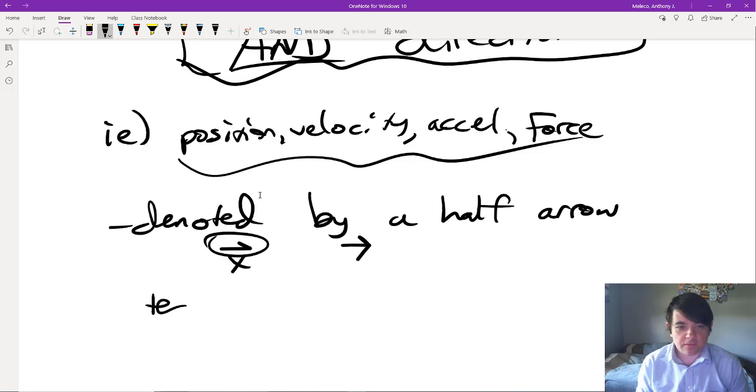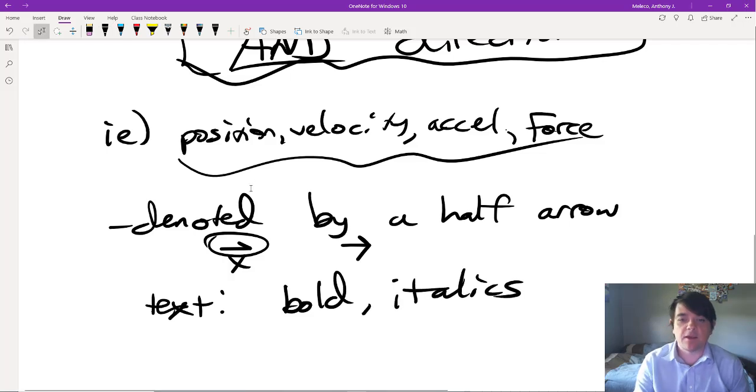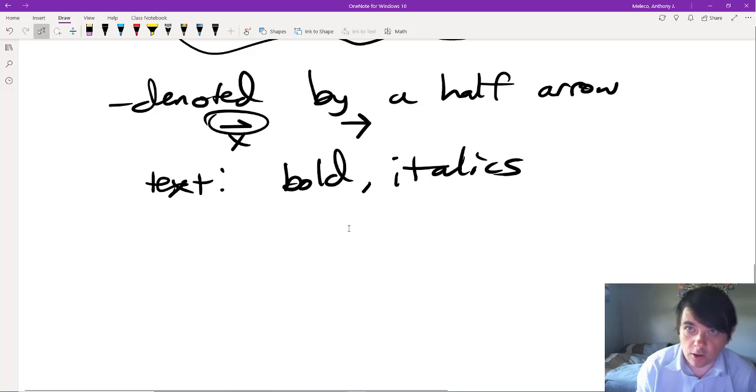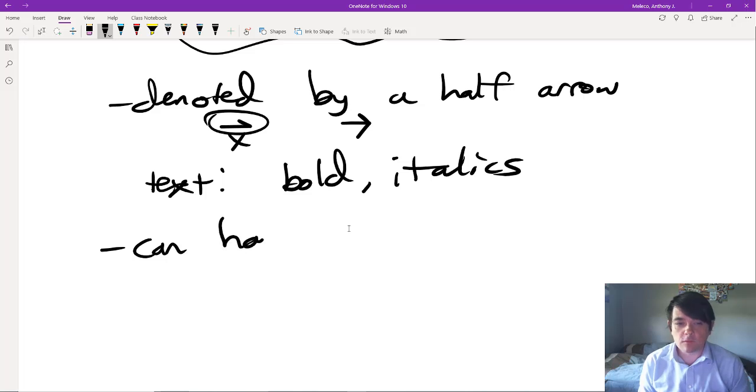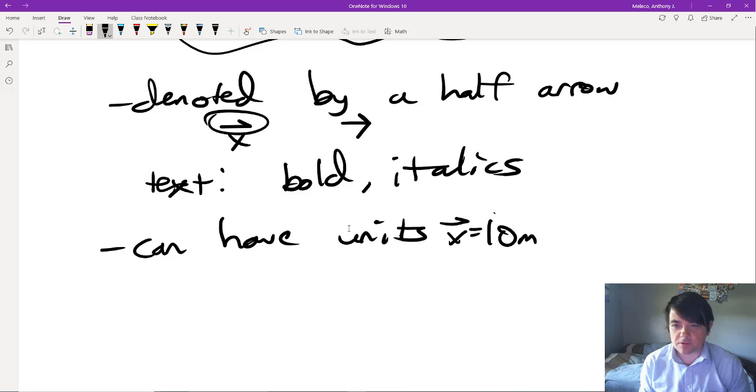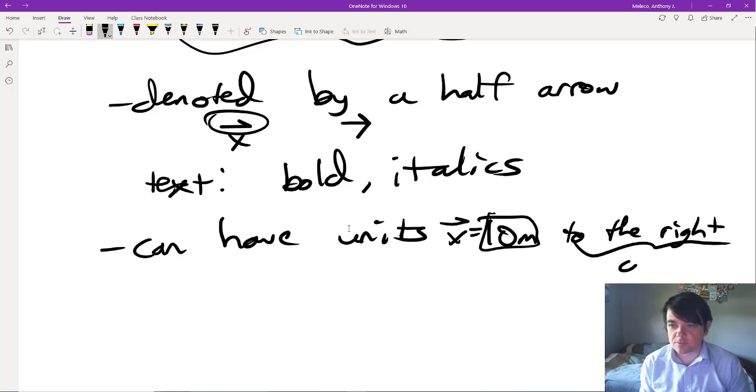You'll see in text that they might be bold, italics, some way to identify that they are indeed a vector. They can have units, just like scalars. So you could say x equals 10 meters, here's the unit part, and then it would say to the right, so it has the direction part as well.